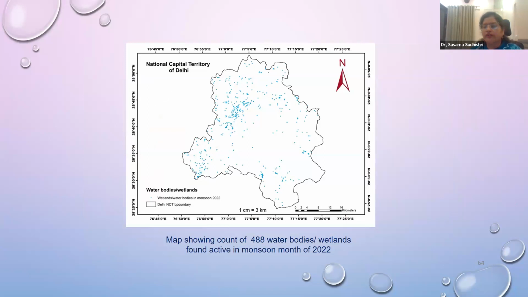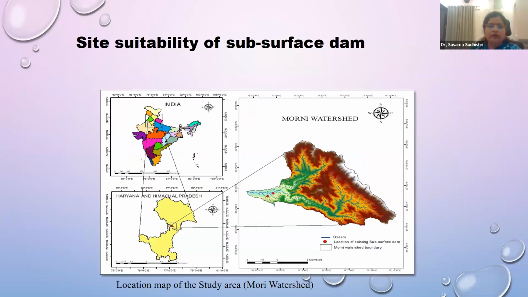There are a total of 488 water bodies in in-situ of Delhi, and we are looking at the water availability and all those things. That work is going on. Similarly, another main problem is site suitability: although it is there, how will I find out the suitable site for a subsurface dam?